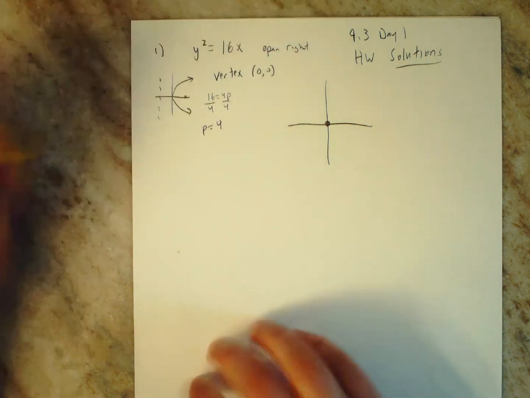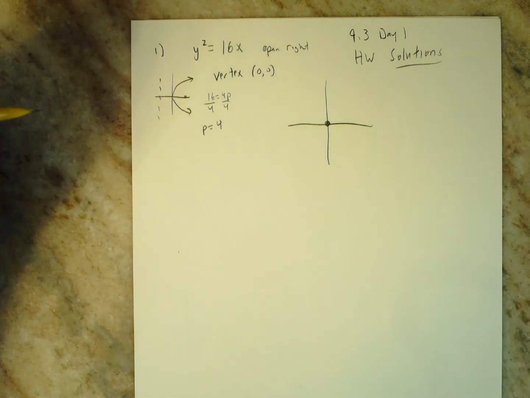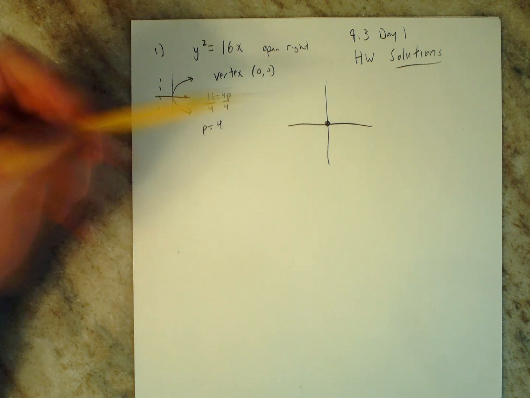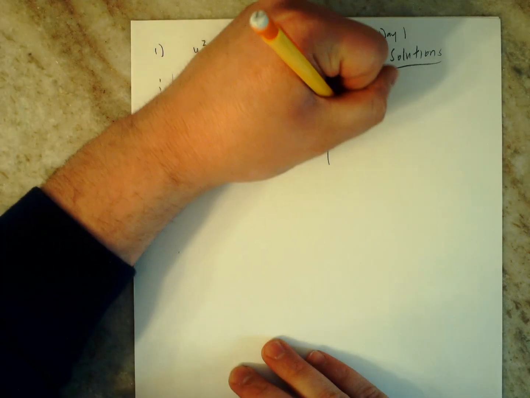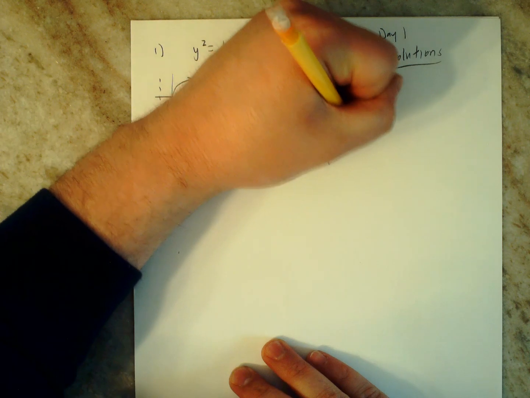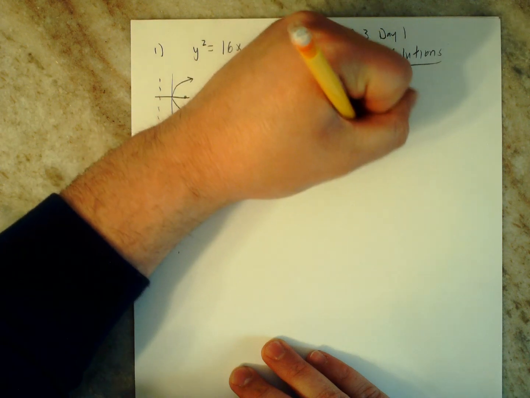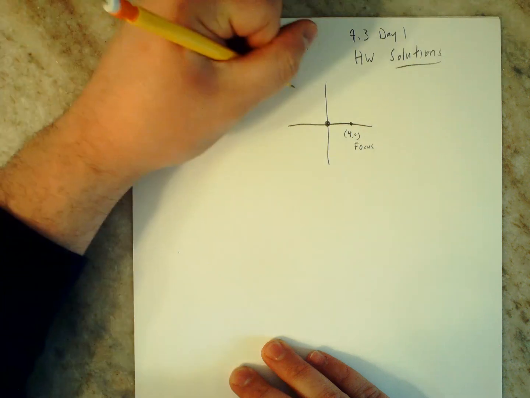p equals 4. So what that tells me is that there's going to be a distance of 4 between the vertex and the focus and the vertex and the directrix. So that means my focus goes here, 4 comma 0. That is my focus.